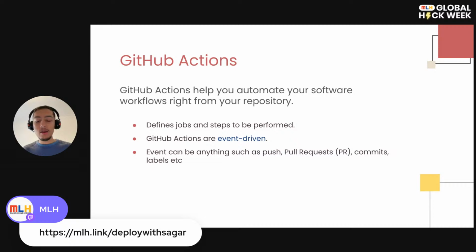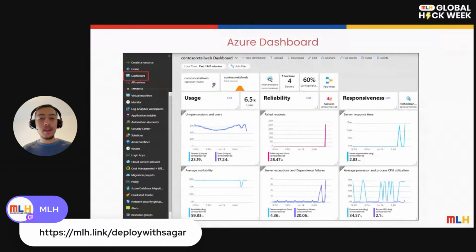Whenever someone pushes anything or merges a PR to the main branch, the action will be triggered, and that action will, let's say, build your Java application or your React application, and then publish that application to a live web service hosted within Azure or any other cloud service provider. So that's GitHub Actions for you. You can build, test, and deploy directly from GitHub.